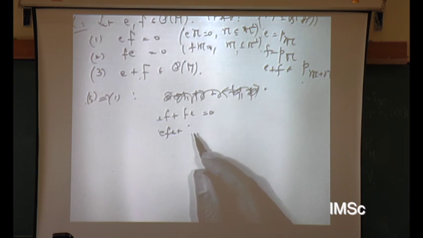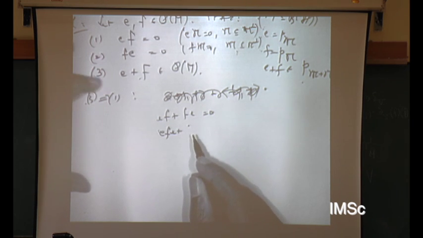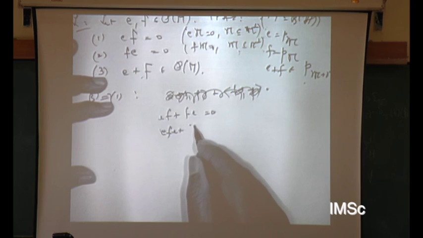I have proved that EF equals FE. If EF equals FE, there will be 2EF equals 0. How do I know that EF equals FE? FE plus FE is 0.